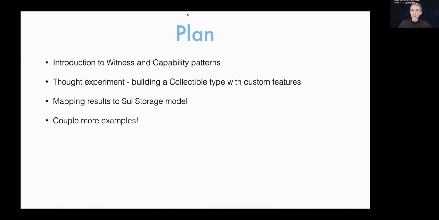And then we'll go through a thought experiment where we'll build a collectible type. We can treat it as an NFT standard or like a base for an NFT standard. We'll see when we get there. And then we'll try to map these results to the Sui storage model. I'll give you a quick overview of how we do storage, and I'll show you a couple more examples of how this pattern could be used elsewhere.